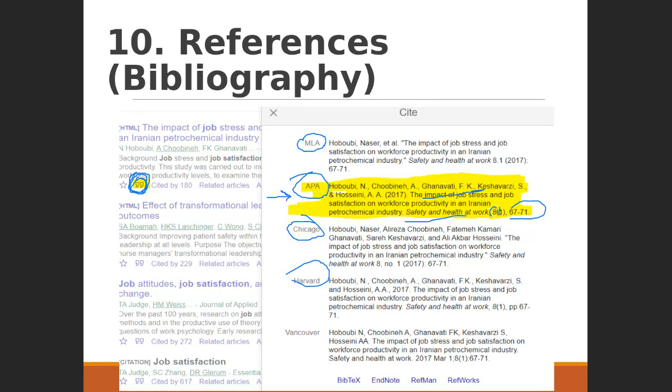And if some information is not given here, like page numbers, you can simply open the article, see the page numbers, and enter them manually. Of course, if you know how to use EndNote or OneNote in your Word software, you can use those to enter references as well. Okay.